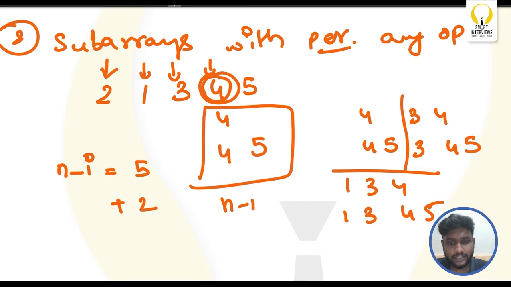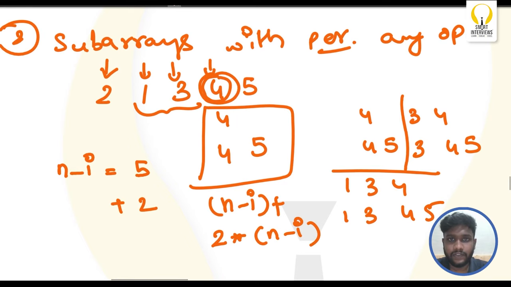So n minus i subarrays starting from the even element is going to be 4 and 5, plus the number of odd consecutive elements before this, that is 2 odd consecutive elements, into n minus i.